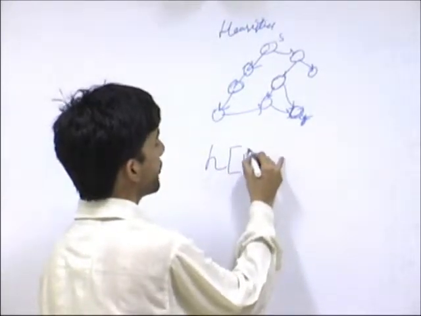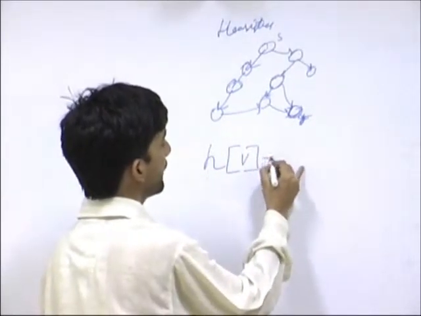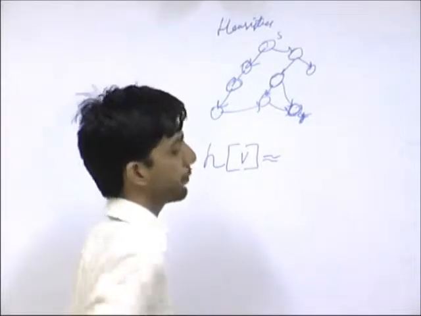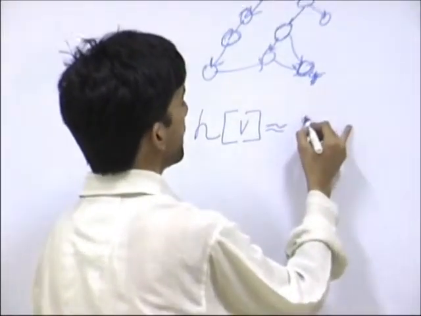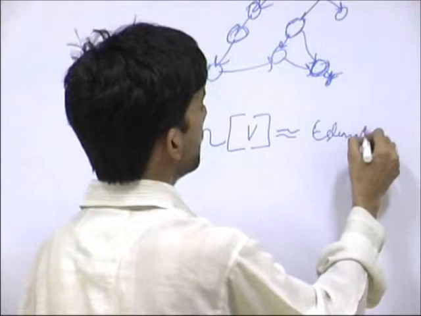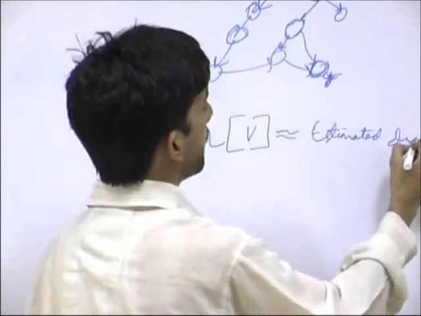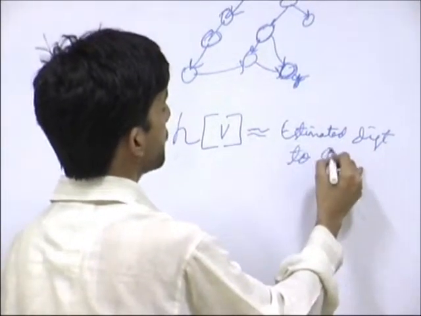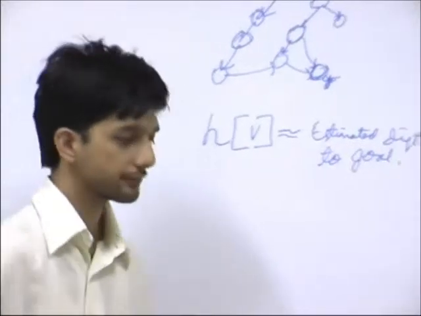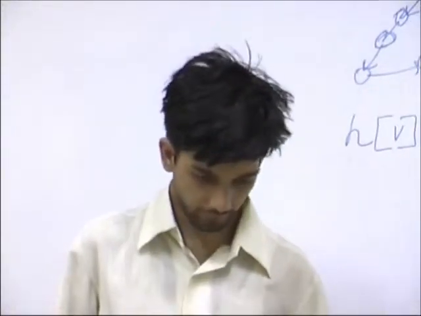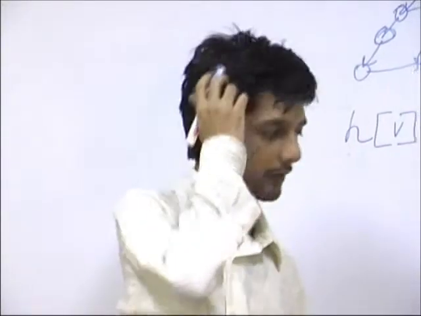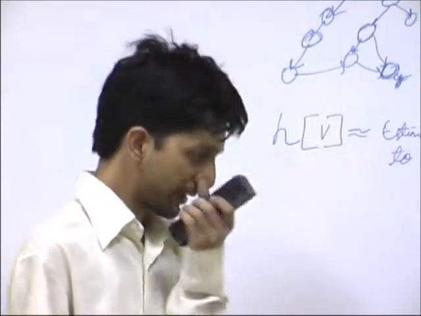So I'd say the heuristics of any vertex V is approximately the estimated distance to goal. That's what happens.